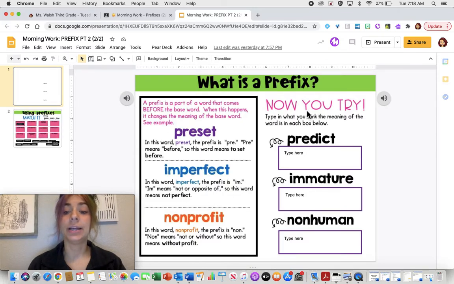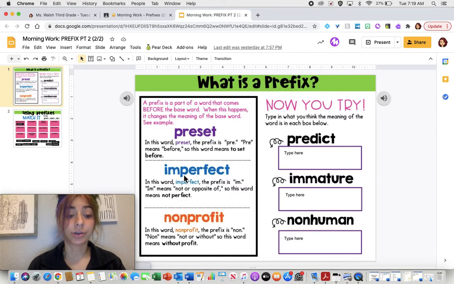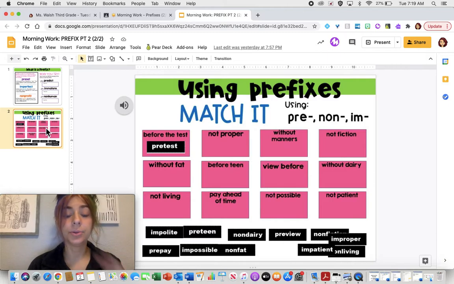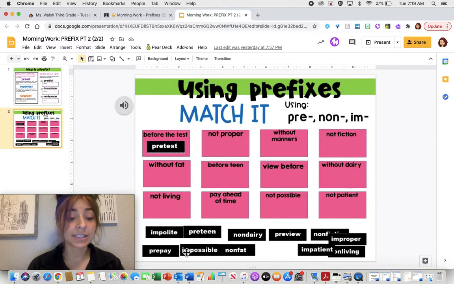Then you're going to type out what you believe each of these words mean based on the information you get from this anchor chart. Then on slide number 2, you are going to see the words with prefixes down here, and same thing as yesterday, you are going to click and drag the words down here with the definition that matches.